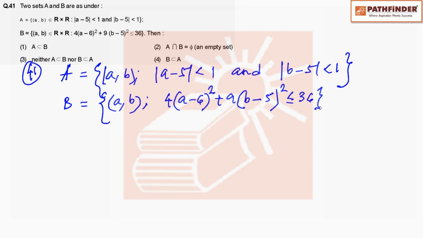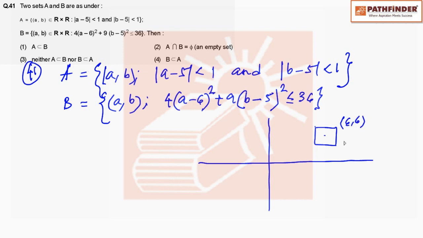That means A is a square. A is a square means what? Its center is at 5, 5, and these are the points where the center is at 5, 5 and this point is 6, 6.